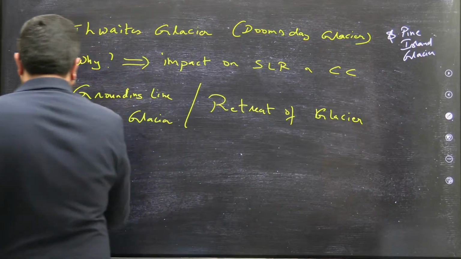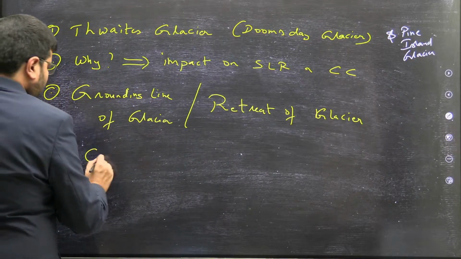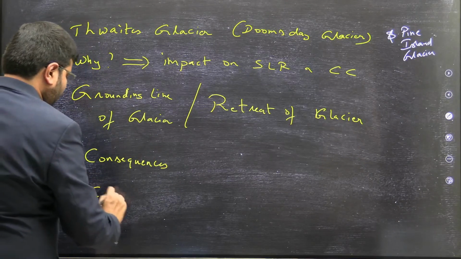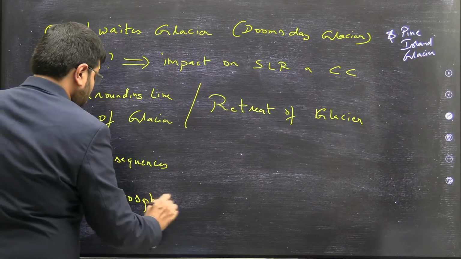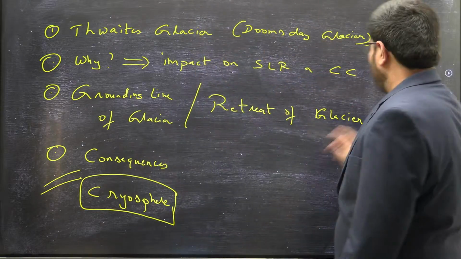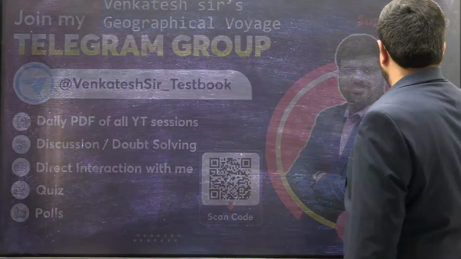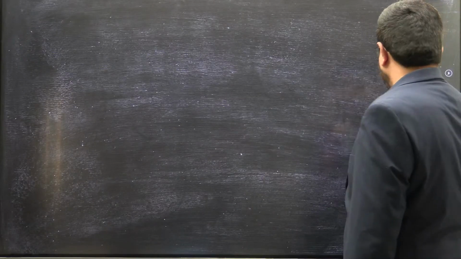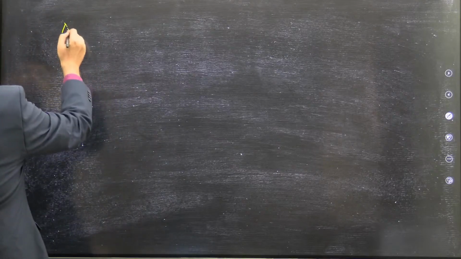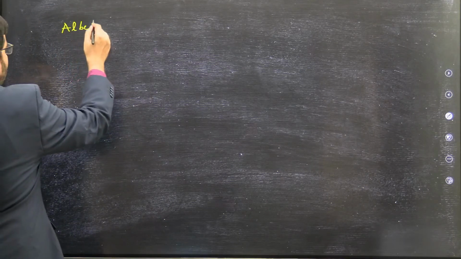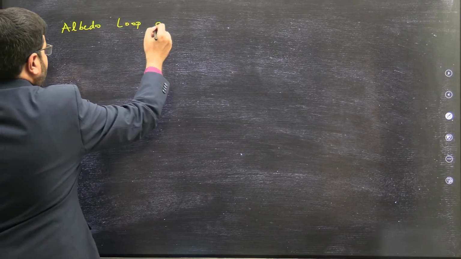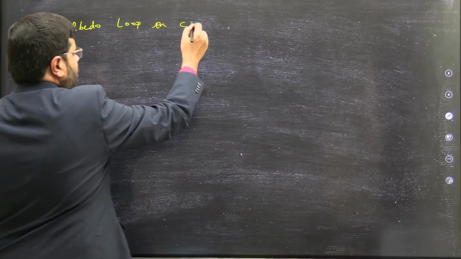And also what you need to remember is the consequences, and this is the entire era of the cryosphere. Now you see, have you ever heard about this kind of loop? The albedo loop in the cryosphere areas.